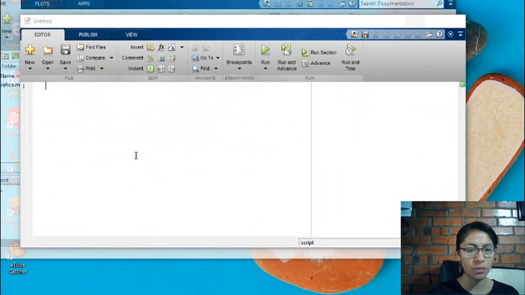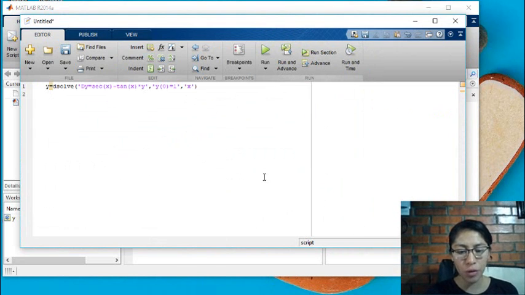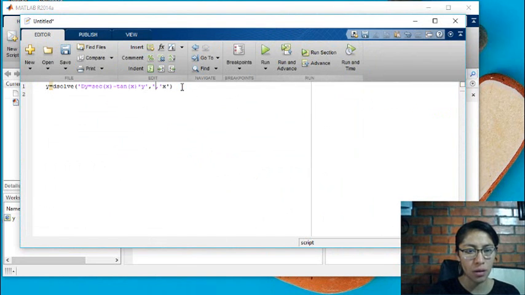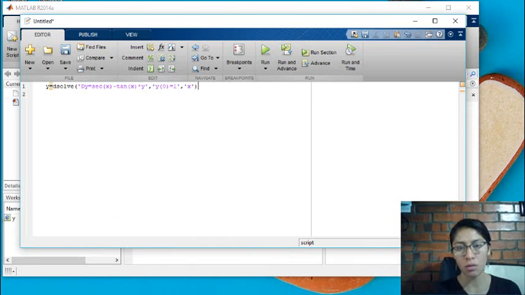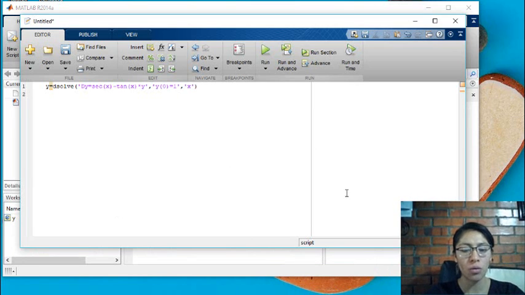Open the new script, Ctrl V. We run the solution to obtain the equation.